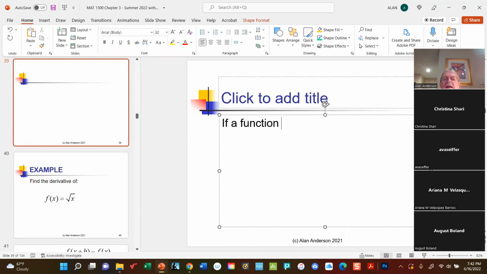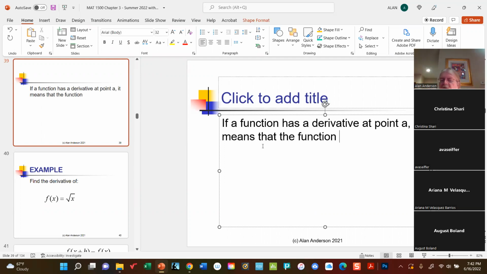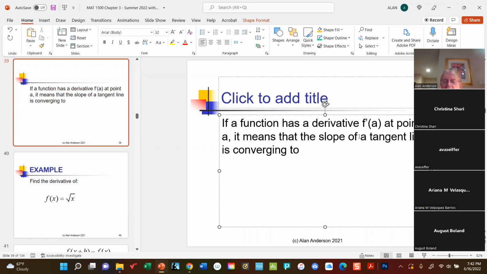If a function has a derivative at point A, it means that the slope of a tangent line is converging to f prime of A coming from the left and the right.